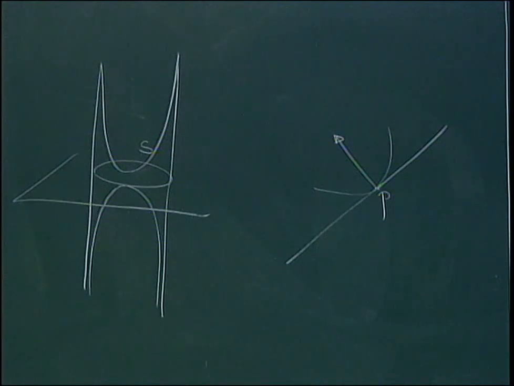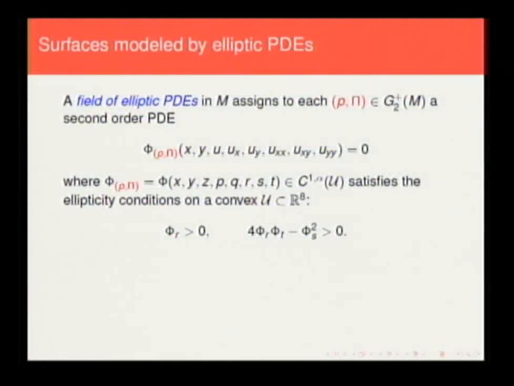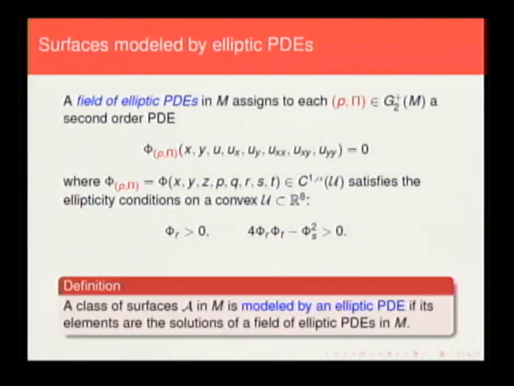We consider an elliptic PDE, and we will assume that the PDE is elliptic. The condition of being elliptic is these two conditions. We say that a class of surfaces is modeled by an elliptic PDE if the elements of the class are exactly the solutions of the PDE, at least locally.